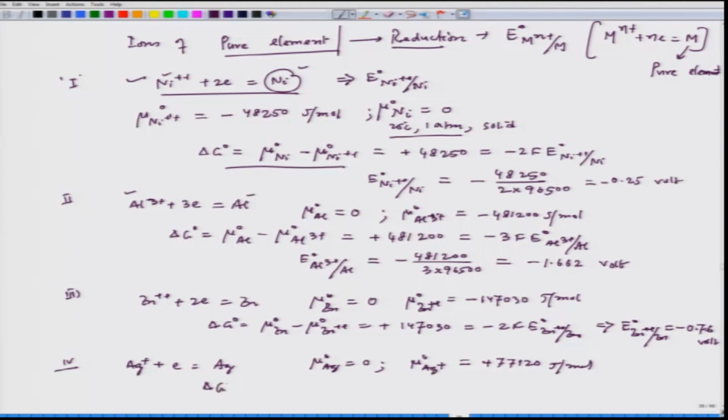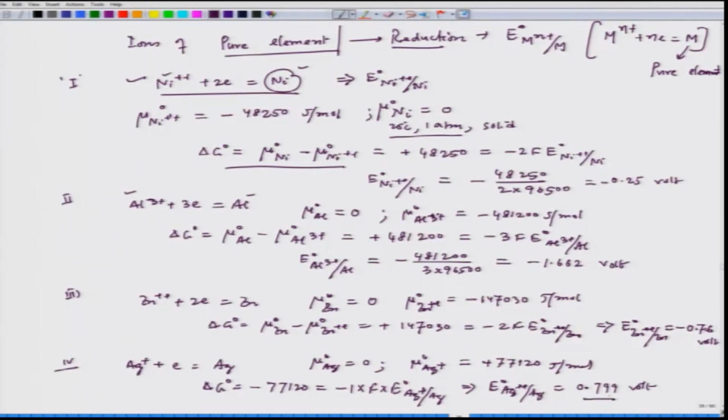Then we get delta G0 equal to minus 77120 equal to minus 1 into F E0. So I get the value in volt.